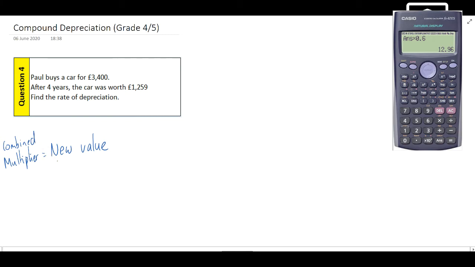We're going to do the new value and divide it by the old value. The new value is not always necessarily the largest value, because he's lost money on this car. So it's £1,259 divided by £3,400.